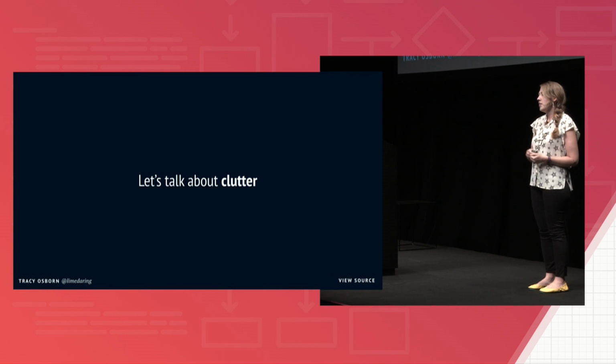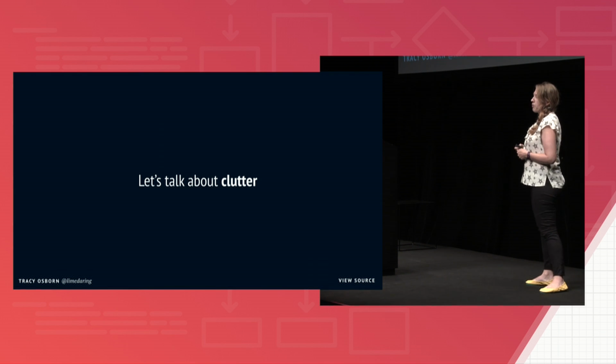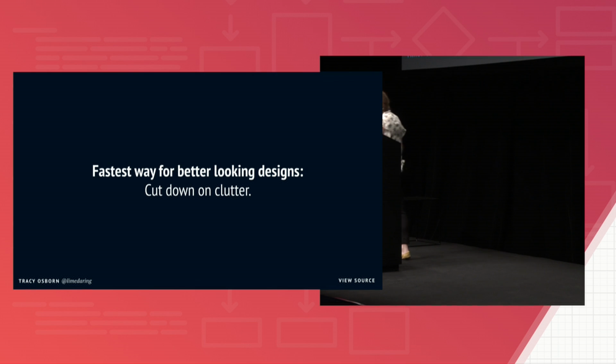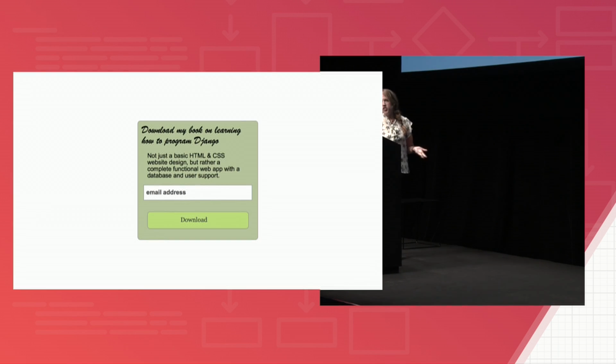So clutter is going to be the number one thing I want you to remember. For example, the fastest way to become a better designer is just to think about clutter and think about ways that you can reduce clutter. I built this little widget, and we're going to go over some design principles and how they apply to this widget to cut down on clutter and make this little widget look a little bit nicer.